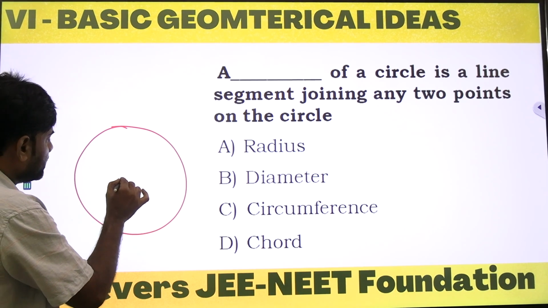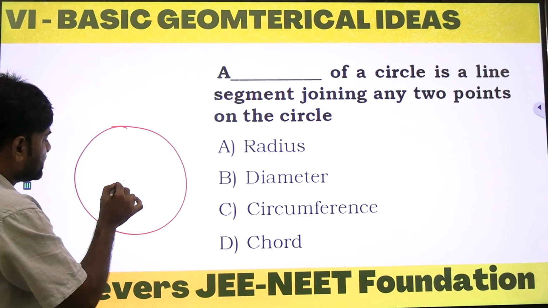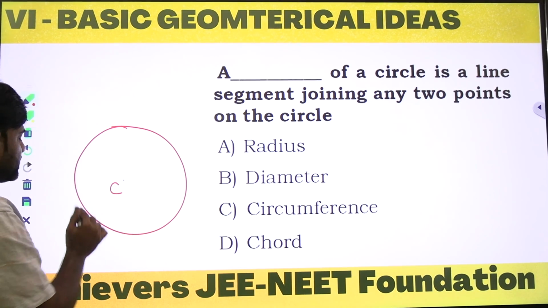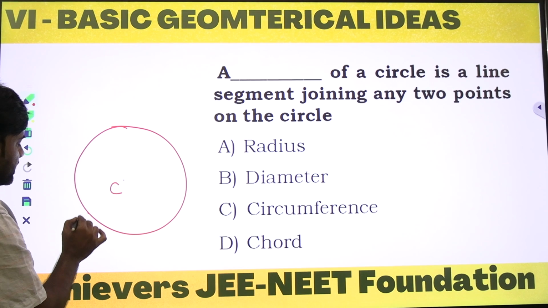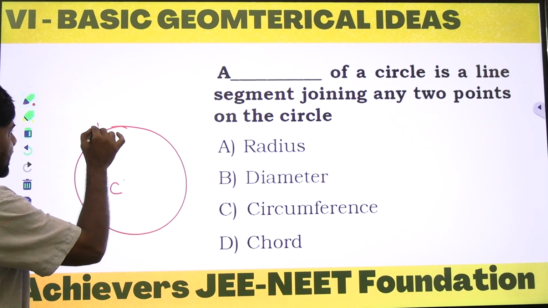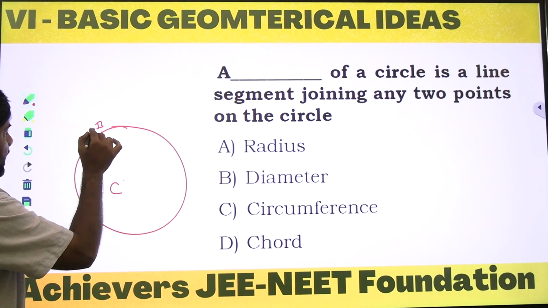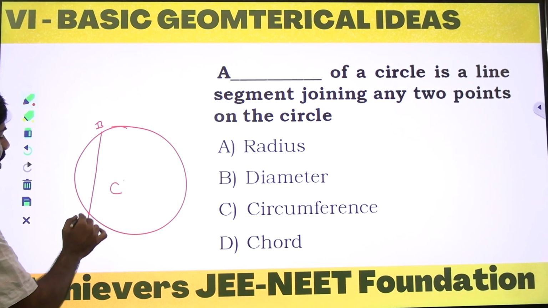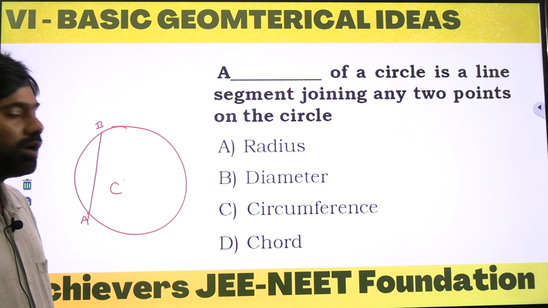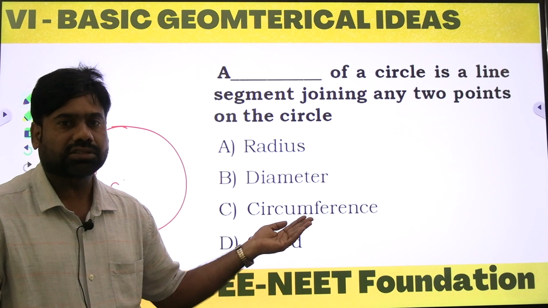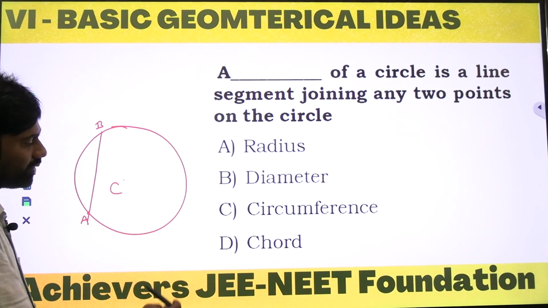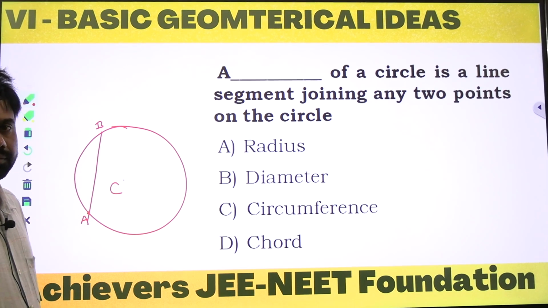This point is called the center and it is denoted by C. I am taking one point on the circle that is A and another point on the circle that is B. If you join A and B, one line segment is formed that is called a chord. The line segment formed by joining any 2 points on the circle is called a chord. Therefore, option D is the correct one.